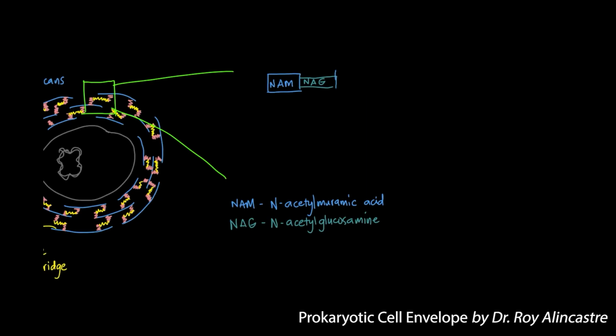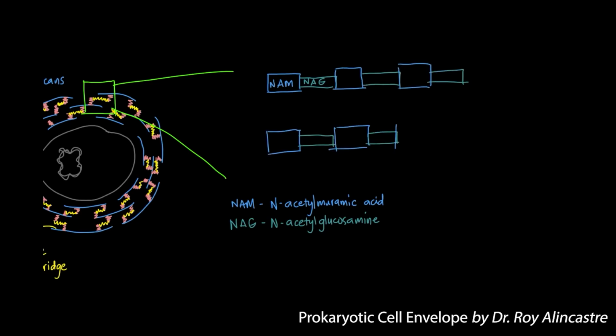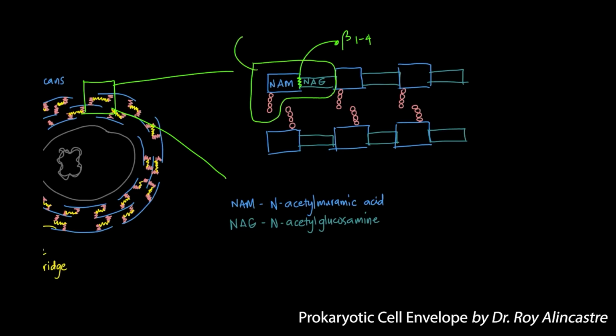So these are connected to each other in beta-1,4 linkages and are in alternate configuration. Now each NAM has a set of 4 amino acids attached. So these are the tetrapeptide chains. This is one basic unit of the complex, which repeats all over around the bacterial cell.